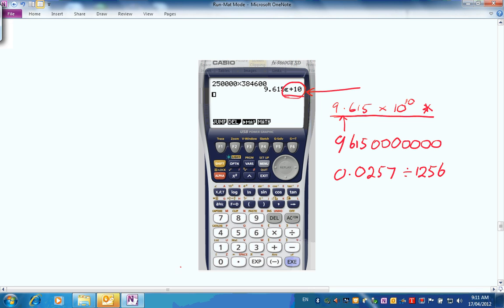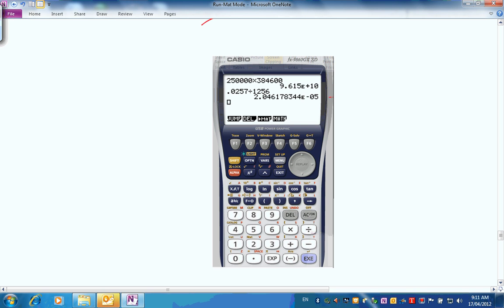So here we can go 0.0, again, 2, 5, 7, divided by, and so on. So can you enter that into the calculator and then hit execute and see what happens now.